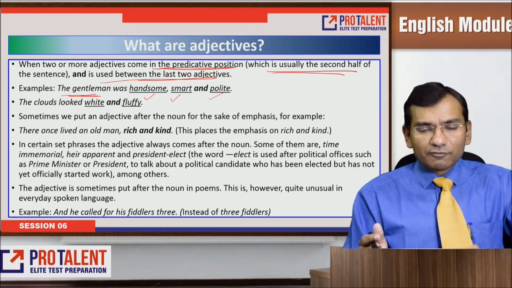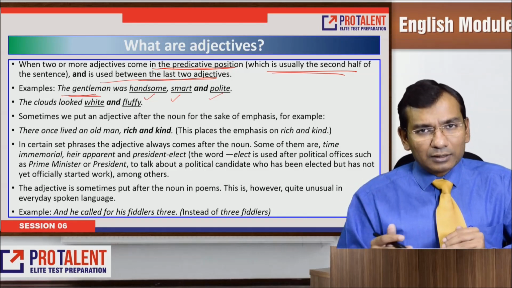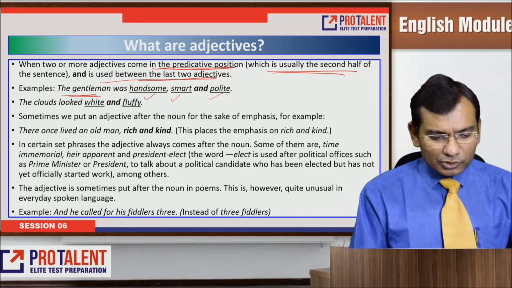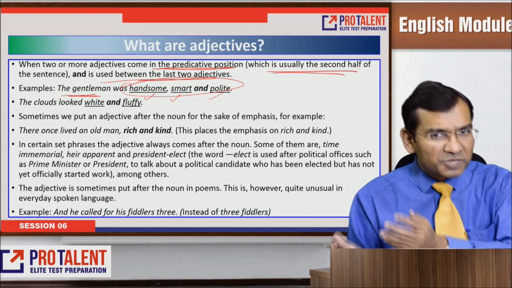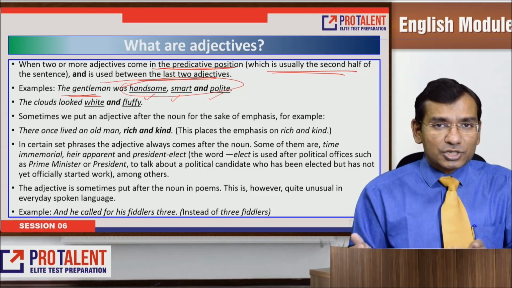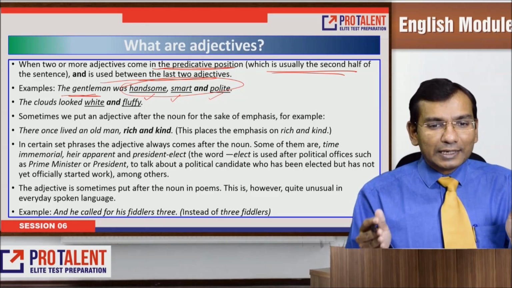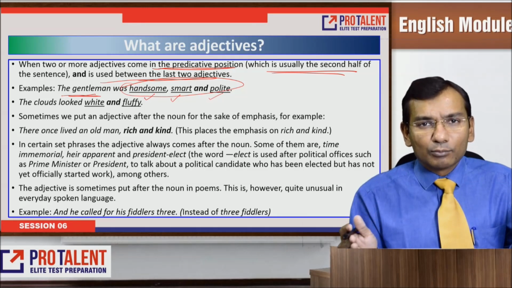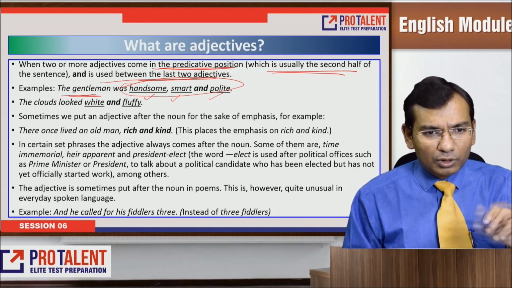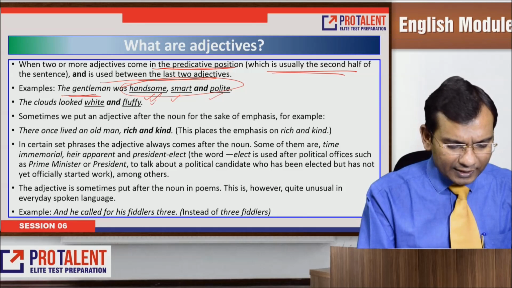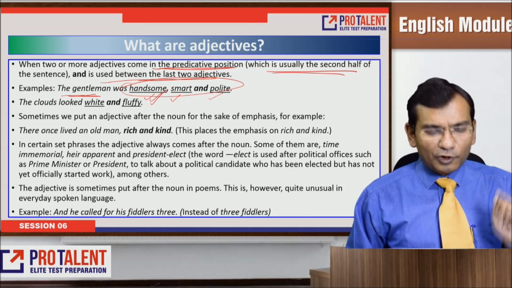The gentleman was handsome, smart and polite. So this is normal commonsensical stuff कि whenever you use this in a predicative position, you will keep and if more than one adjective is used. The clouds look white and fluffy. This is how the rules are to be followed.